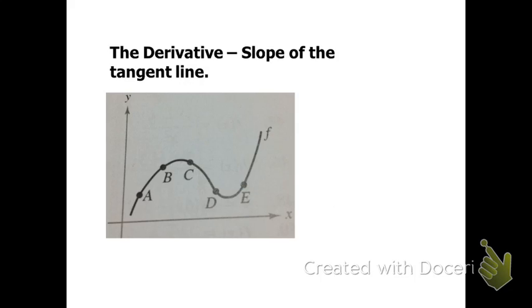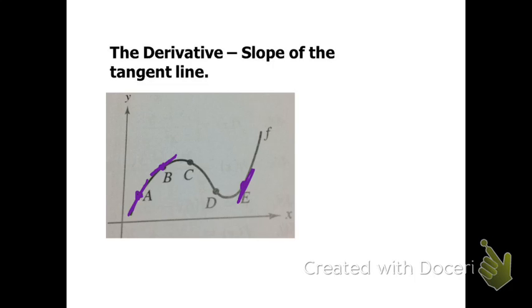But in this case, we are just going to find where our derivative is going to be positive, for example. The derivative is going to be positive here at this point A, here, and here. As you can see, the slopes are positive at those points.